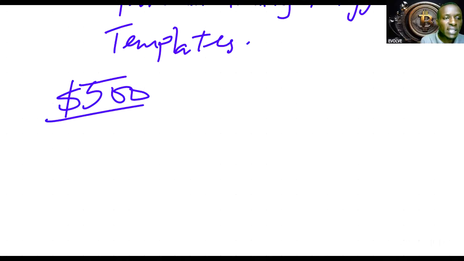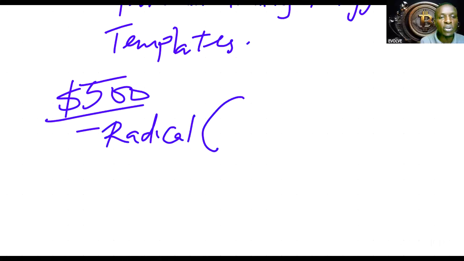So set up a strategy for $500 with radical. In bracket, a strategy that will work for you in a bearish market. So $500 strategies.